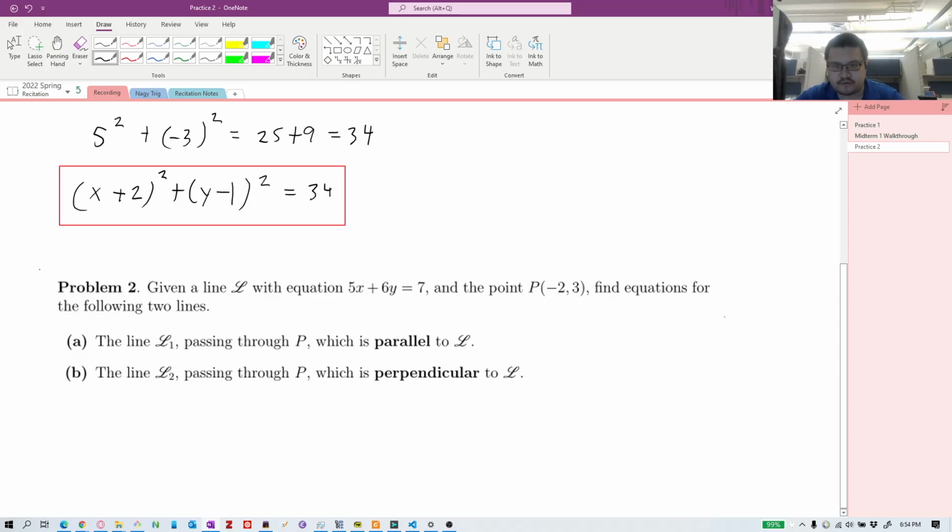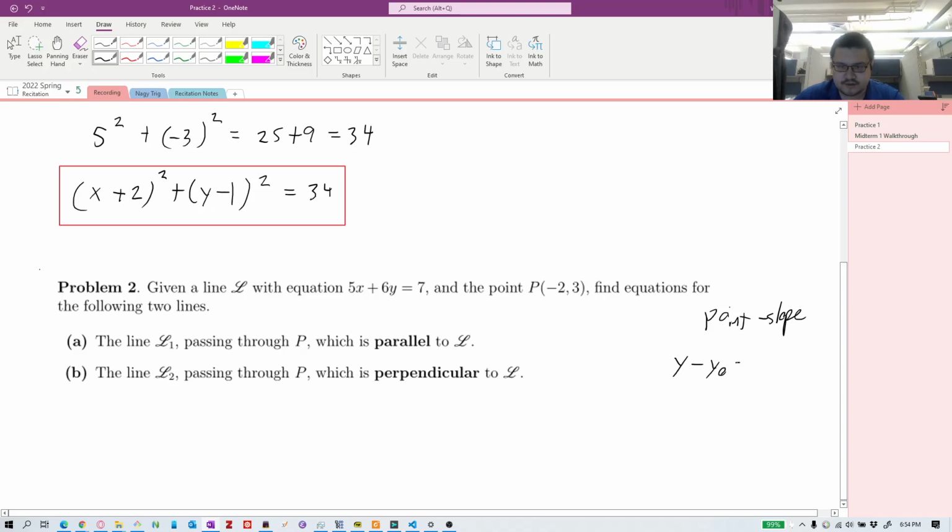So point slope form, the strength of this format of line is that you don't need to do too much arithmetic. You just need the point and the slope, and you can then write a line given that information.